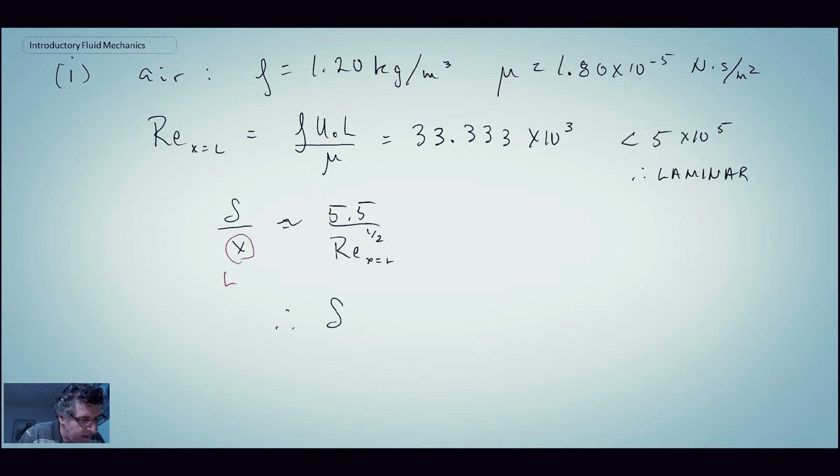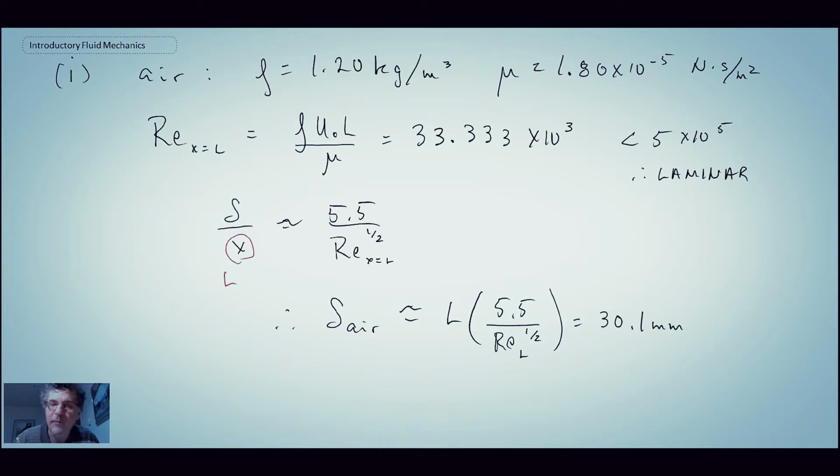So evaluating that, we get 30.1 millimeters, or the equivalent of about 1.9 inches. So we can see here we have a plate that is 1 meter in length, and the boundary layer is only about 30 millimeters or 3 centimeters at the end of the plate. So really the boundary layer is not growing that quickly.